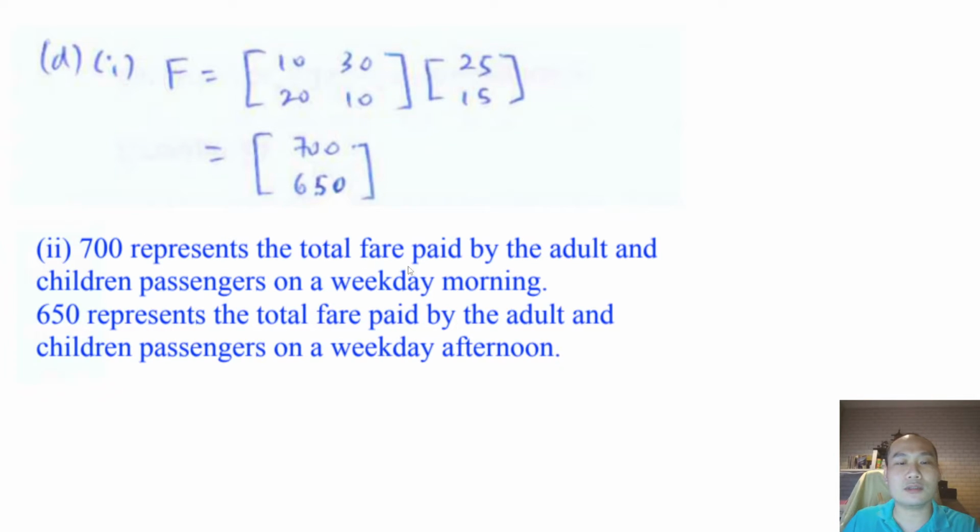So 700, so we have adult and children. No, it's for everyone, right? Adult and children, both the adult and children merged together already, right? The total fare for morning, weekday morning. Yeah, you want to be as accurate as possible. Then 650 is total fare, adult and children, okay, weekday afternoon. Okay, so that is part D.